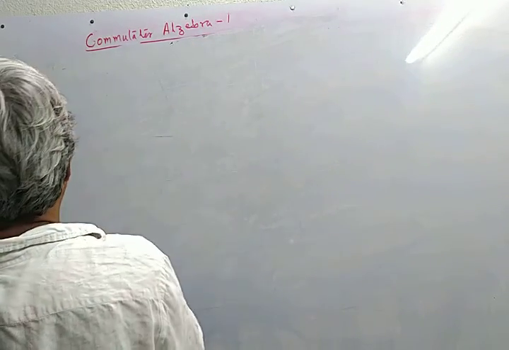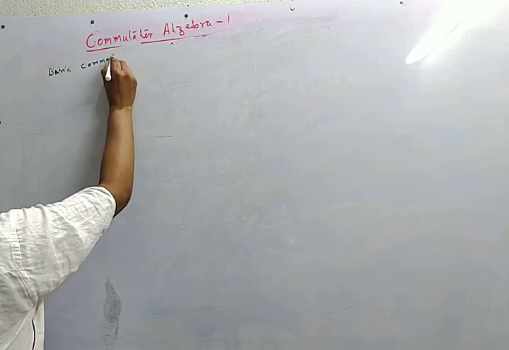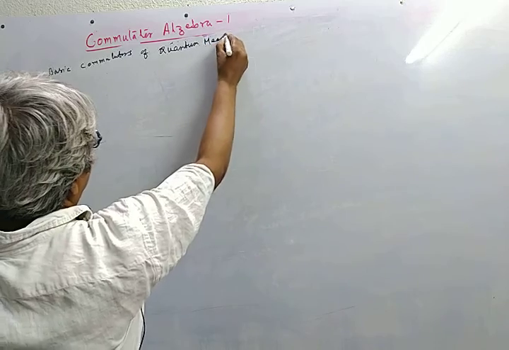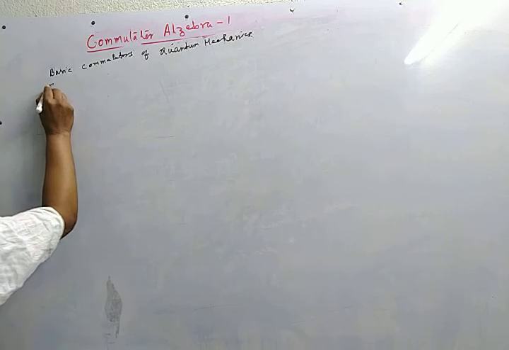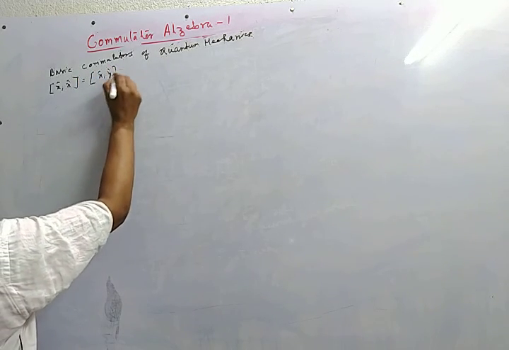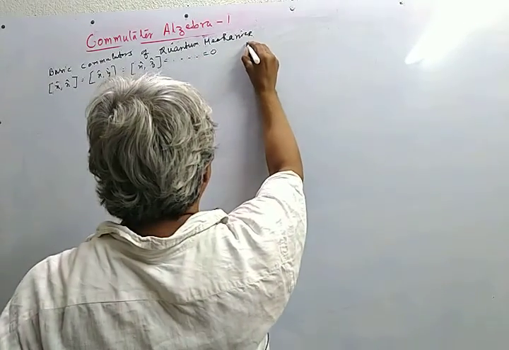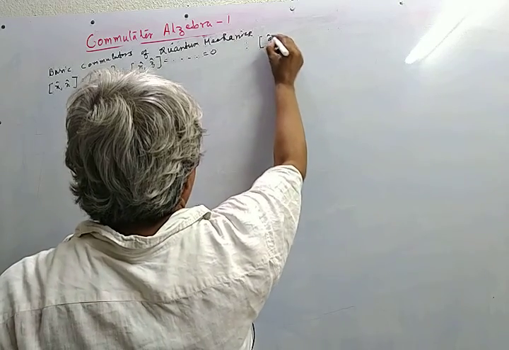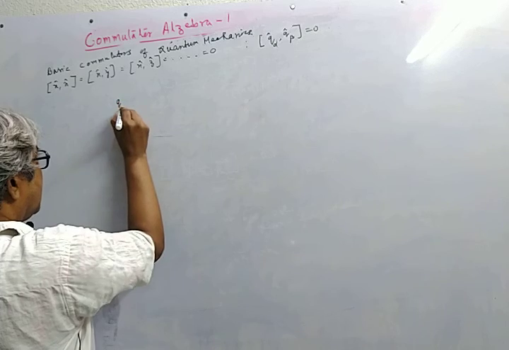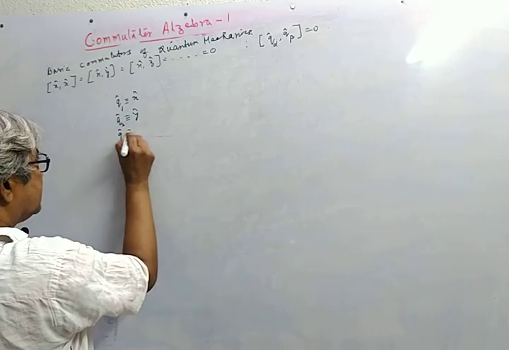The basic commutators of quantum mechanics: x with x, x with y, and so on, are all 0, the null operator, which is summarized as the commutator of q alpha and q beta is equal to 0 always, where q1 is basically x, q2 is equal to y, and q3 is equal to z.